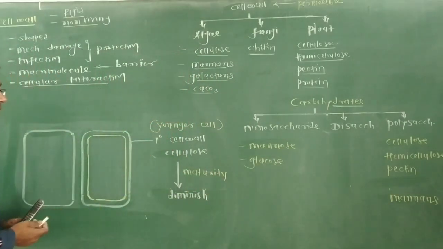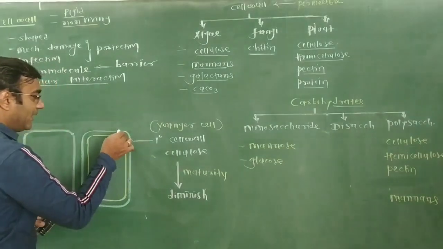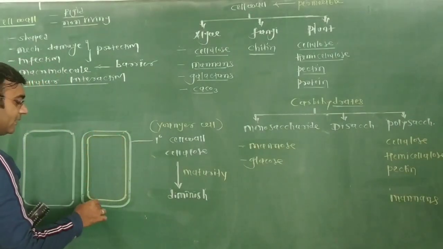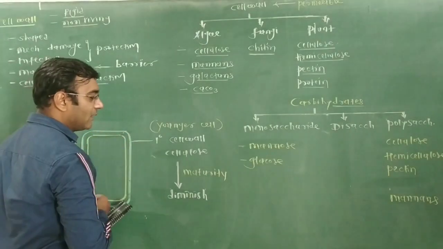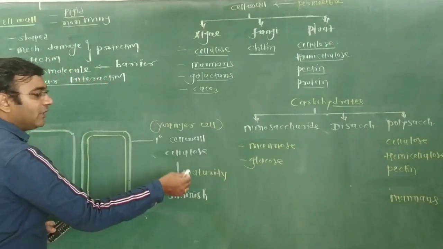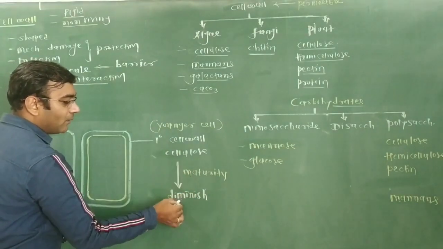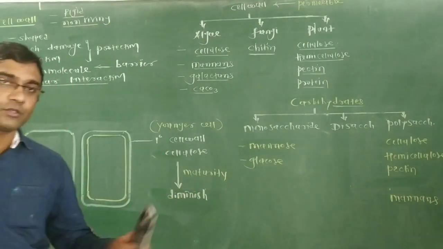Now we are going into further detail about the cell wall. A younger plant cell has a very thin external structure, the primary cell wall, made up of cellulose. But at the maturity of a plant cell, the primary cell wall diminishes and is lost.